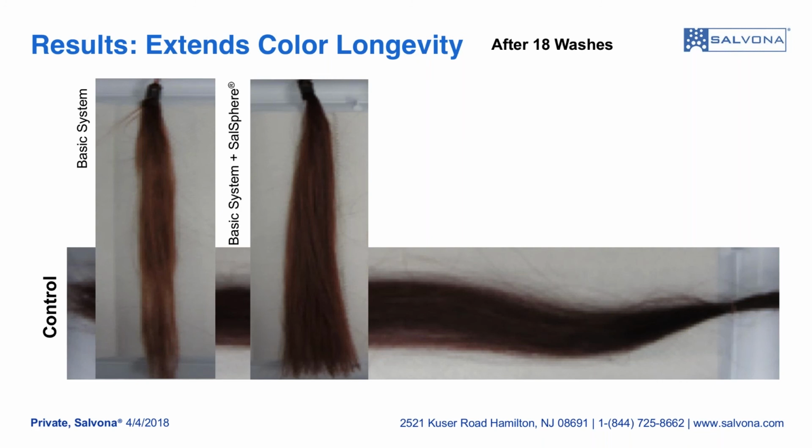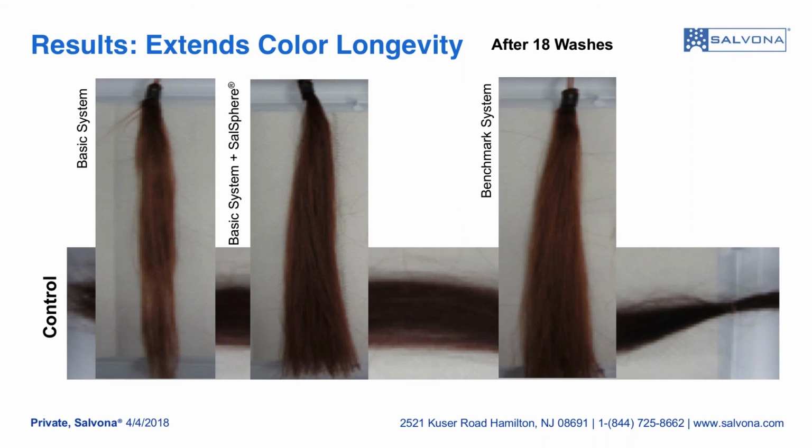By looking at this, you definitely can see that the basic system is much lighter than the swatch treated with the system and the technology. The technology definitely has an impact on retaining the color.